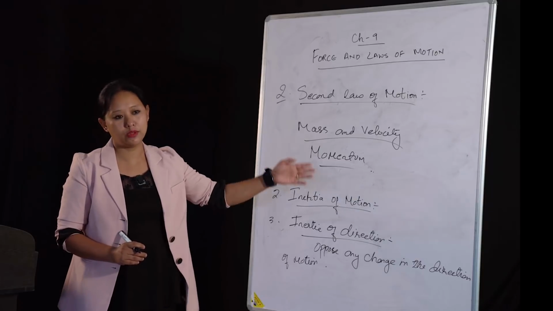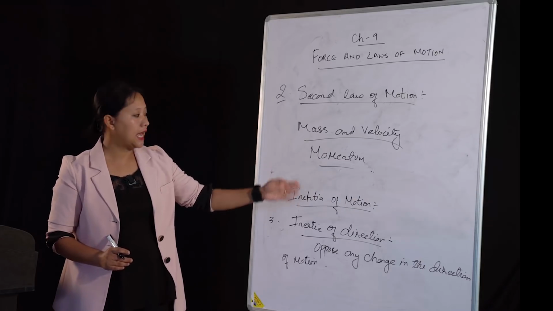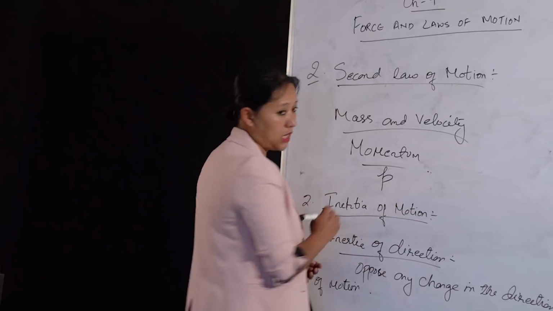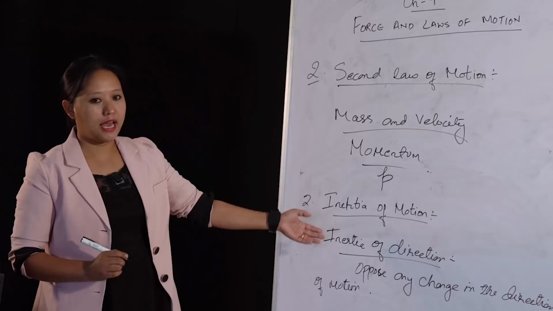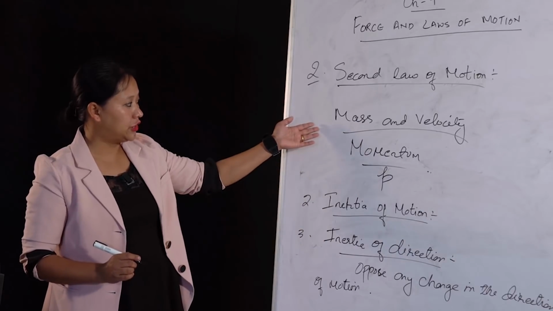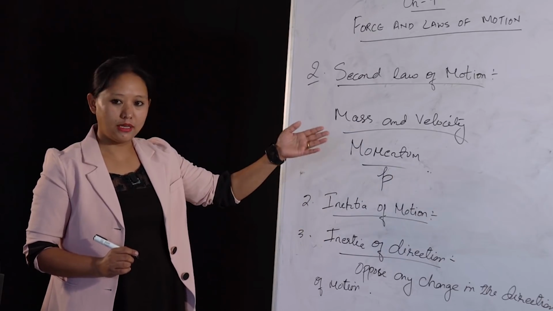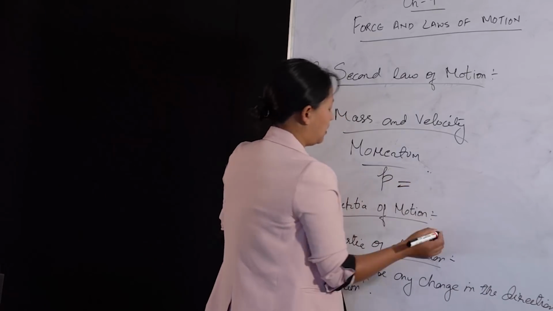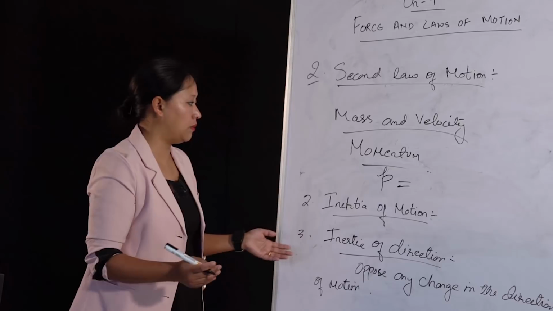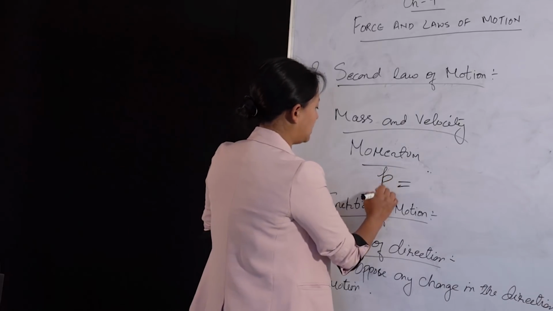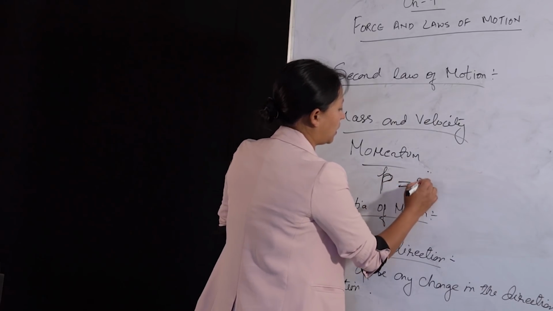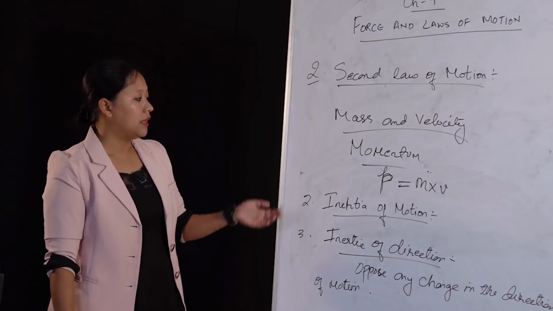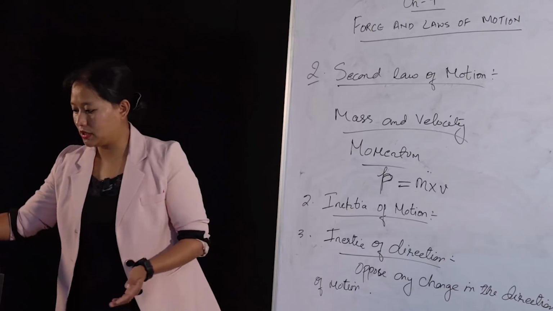Momentum is nothing but the product of mass and velocity, and it is denoted by the small letter p. Since momentum is the product of mass and velocity, mathematically we can write momentum p equals mass times velocity.